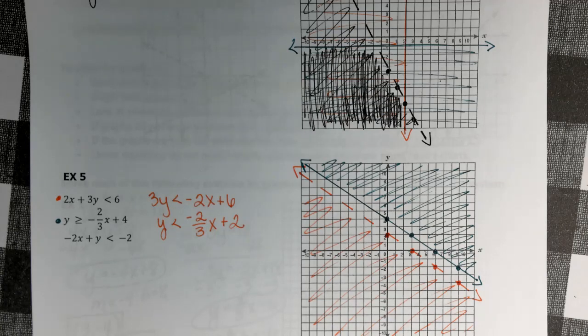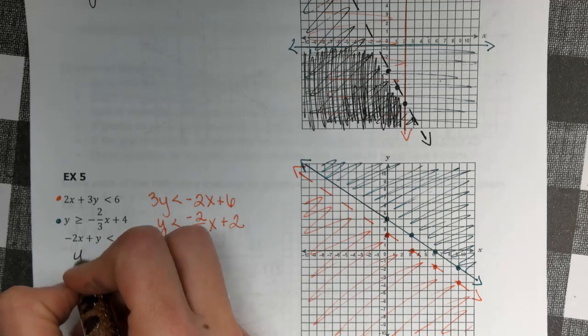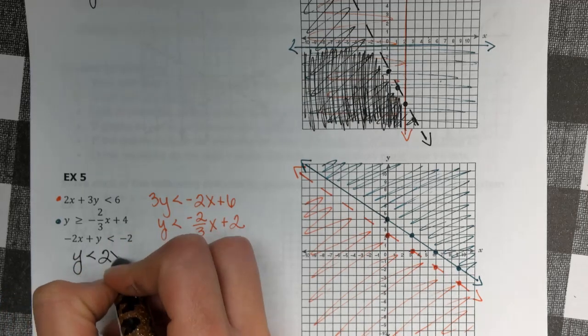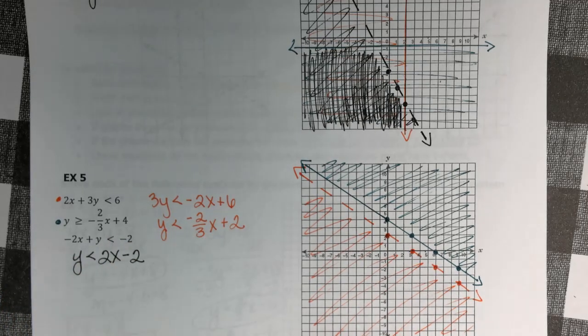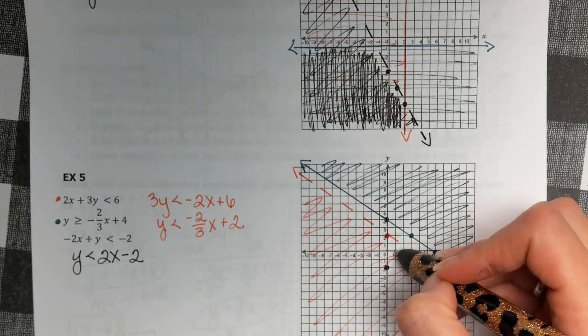So then my third equation, negative 2x plus y is less than negative 2. I'm going to add 2x, and y is less than 2x minus 2. Plot negative 2 on the y-axis. Go up 2 to the right 1.